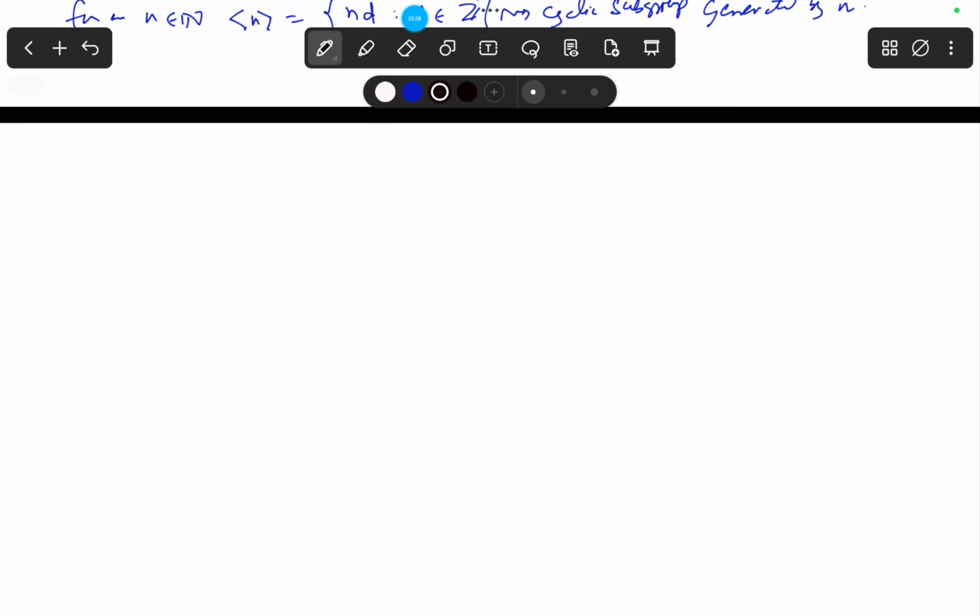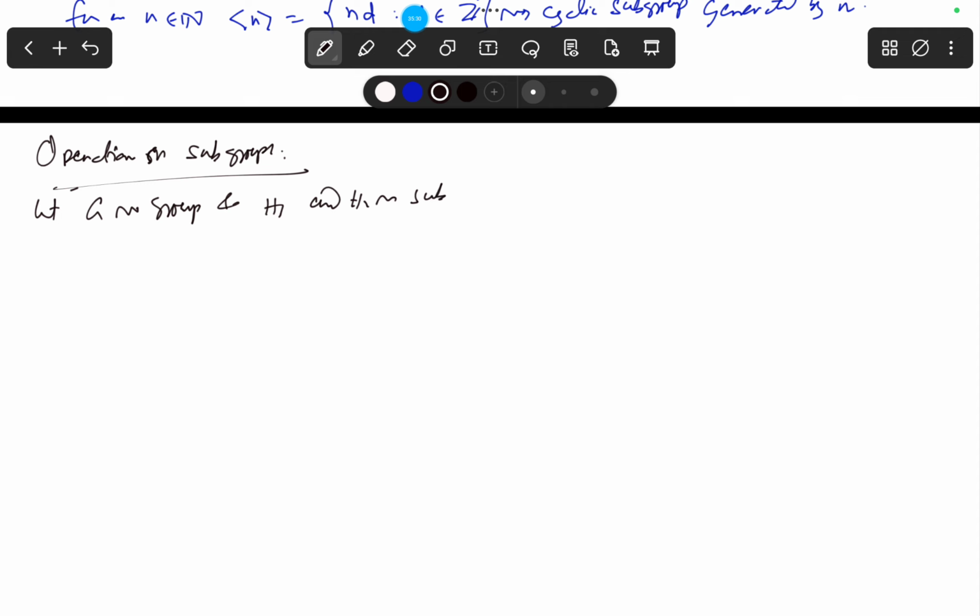Now let us see some operations on subgroups. So let G be a group and H1 and H2, these two are subgroups of G, right? Now if we have two subgroups of G, how many operations can we work on these two subgroups, making sure that they will be a subgroup of G again, right?